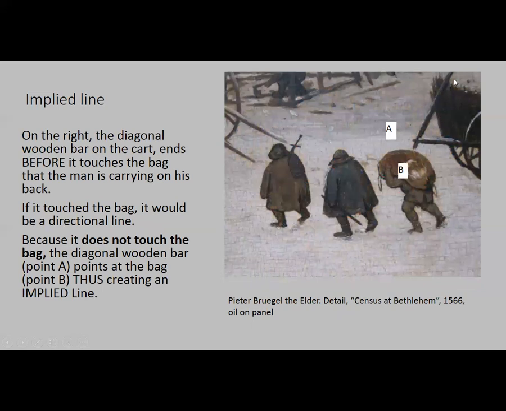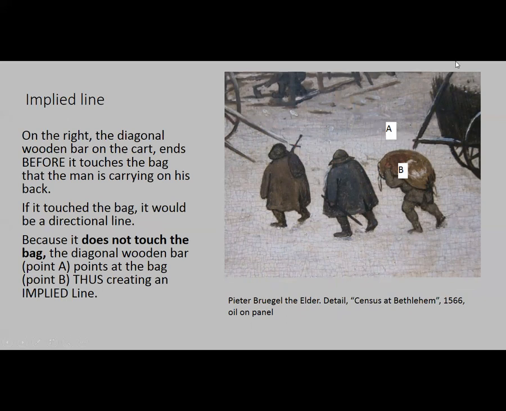So here's another instance where is it implied or is it directional? Well, here's the cart. It's got this diagonal pole, and it's pointing at this person trudging through the snow carrying a big bag on their back. Now, it almost touches him, but there's a space between that pole and that man.